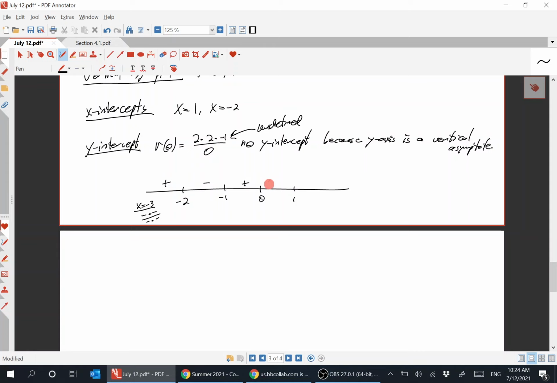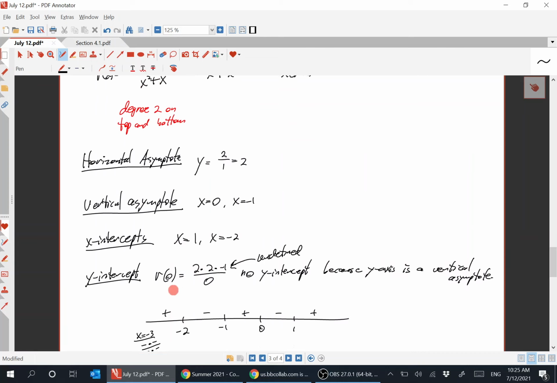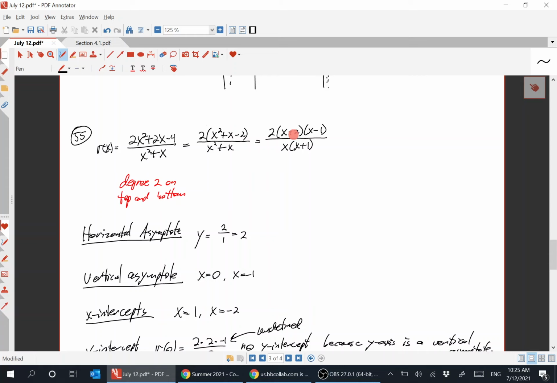And this one is going to alternate: positive, negative, positive, negative. It doesn't alternate when you have some squares. If one of these was a square, then it doesn't necessarily alternate.